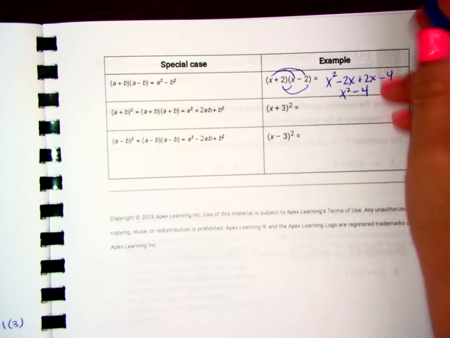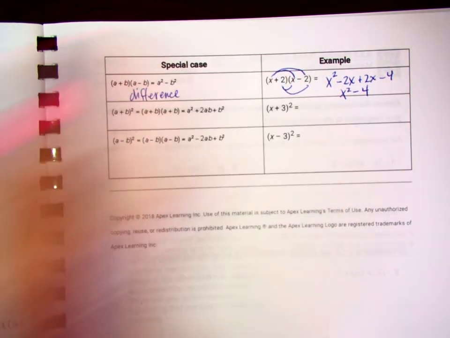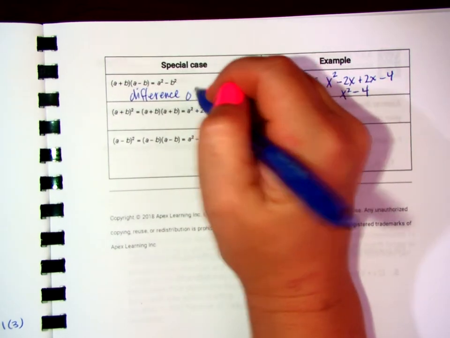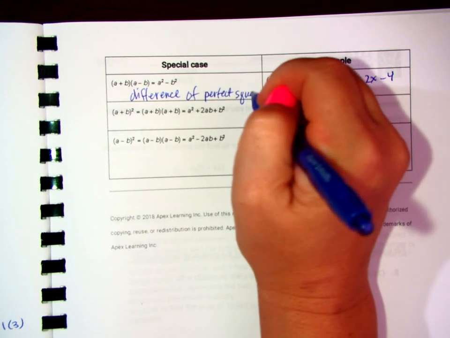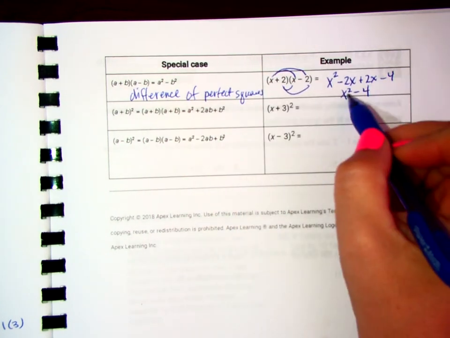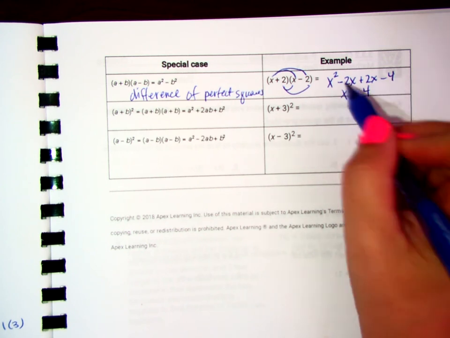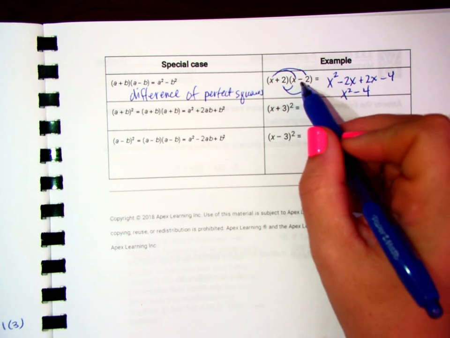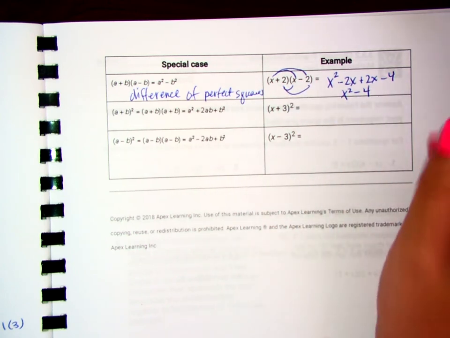This is called the difference of perfect squares. Because x squared is a perfect square and 4 is a perfect square, and minus means the difference. So when these two middle terms zero out, because there's a plus and a minus with the same numbers, that's called the difference of two squares, difference of perfect squares.